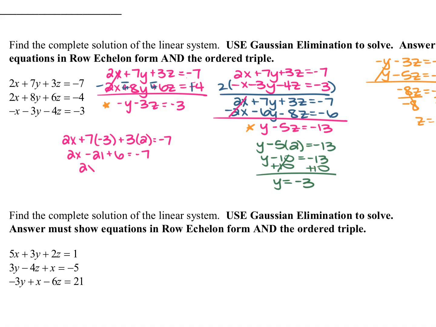That simplifies to give us 2x minus 15 is equal to negative 7. We're adding the 15 over to get 2x is equal to 8. Divide each side by the 2, and you have that x is 4. So the ordered triple, that is your solution, is (4, -3, 2).